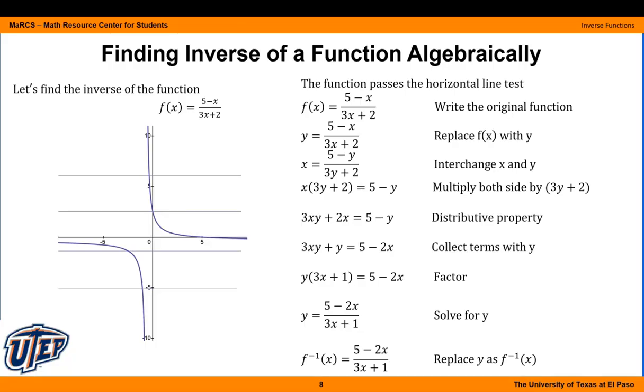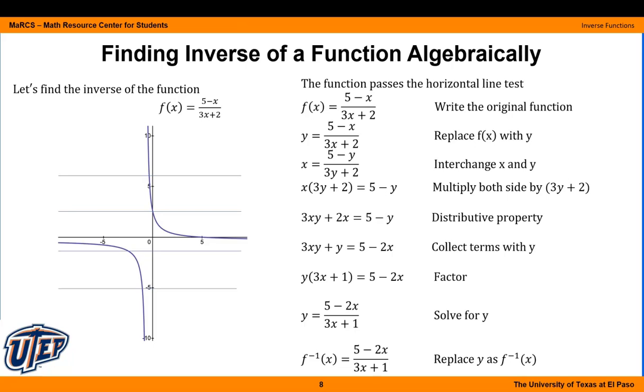Let's find the inverse of the function f of x equals 5 minus x over 3x plus 2. Notice that the function passes the horizontal line test. First, replace f of x with y, so we get y equals 5 minus x over 3x plus 2.